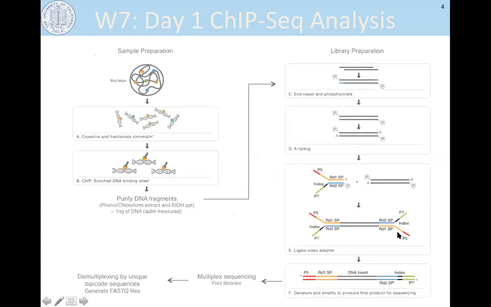So I think it's important to know how the assay is performed if we want to interpret our data and know how to process the sequencing data. So the typical protocol involves cross-linking cells with a cross-linking reagent. Typically it's 1% formaldehyde.